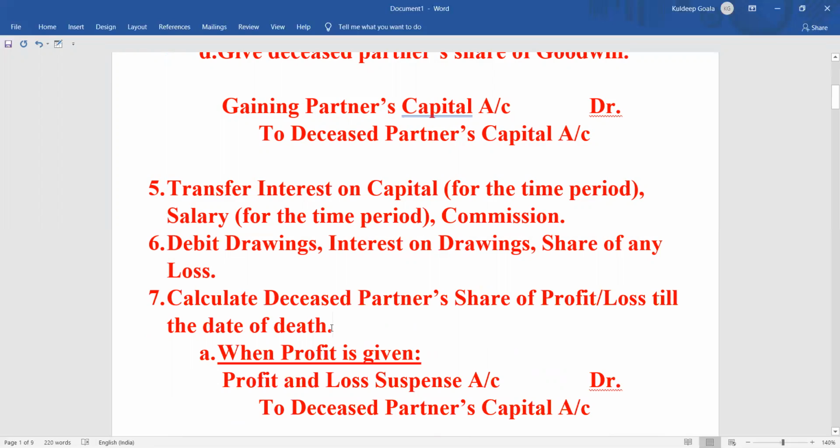One very important thing that you have to consider is the profit. That profit also needs to be considered before you do the balancing. This particular thing I have already explained in the previous class also. So go for the calculation of the deceased partner's share of profit or loss, whatever it is. That may be calculated on the basis of previous year's profit or loss, or on the basis of turnover or sales.